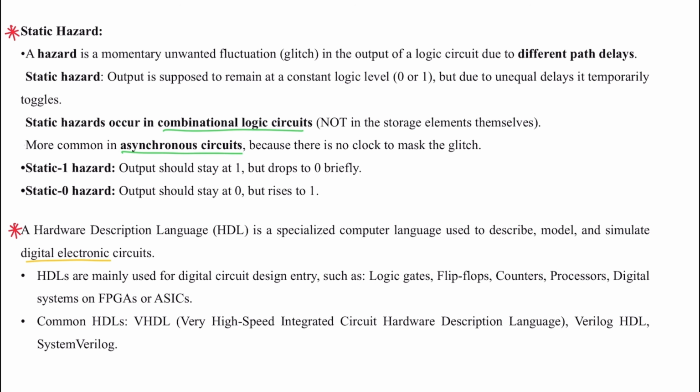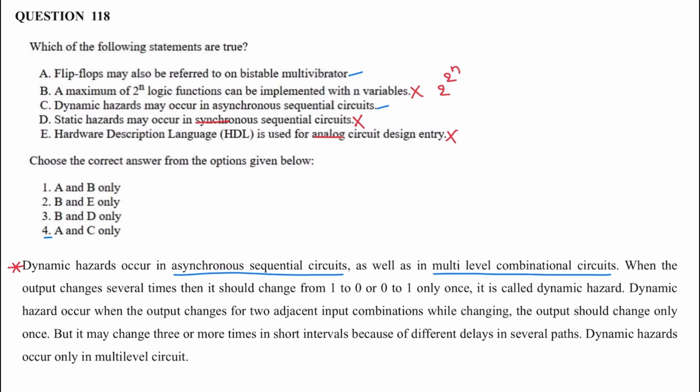HDLs are mainly used for digital circuit design entries such as logic gates, flip-flops, counters, processors, digital systems on FPGA or ASICs. Common HDLs are VHDL, Very High Speed Integrated Circuit Hardware Description Language, and Verilog HDL. So the correct statements are A and C, and the correct answer is option 4.